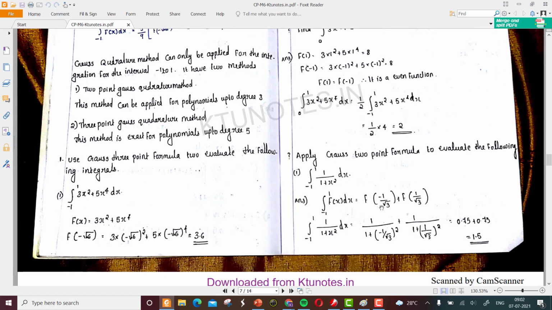So here the values are put: 1 by 1 plus minus 1 by root 3 whole square, plus 1 by 1 plus 1 by root 3 whole square. So that will give you the value of 1.5.